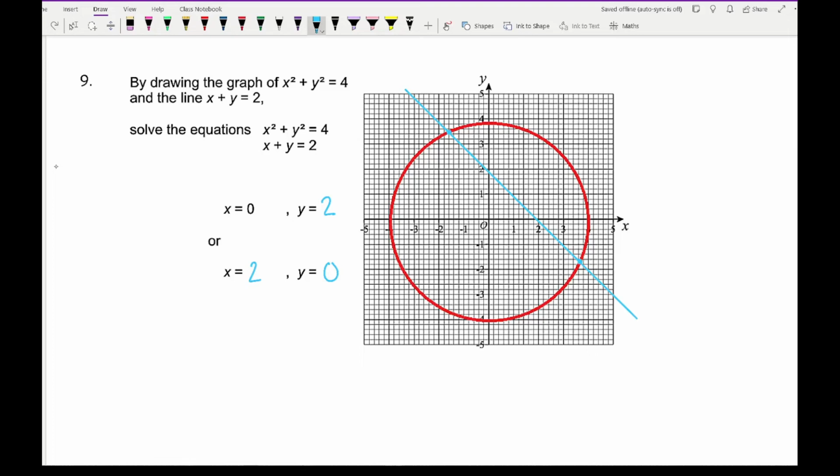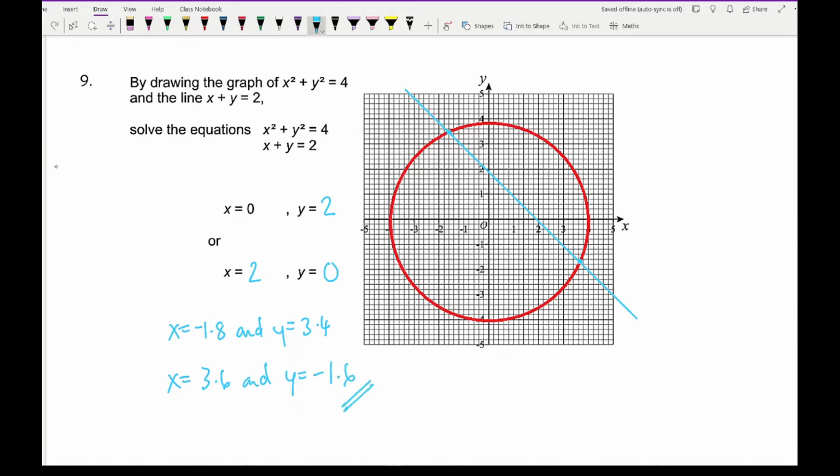They meet at x equals minus 1.8 and y equals 3.4, and the second intersection point is here, which is x equals 3.6, and that y ordinate, I make it out to be around about minus 1.6.